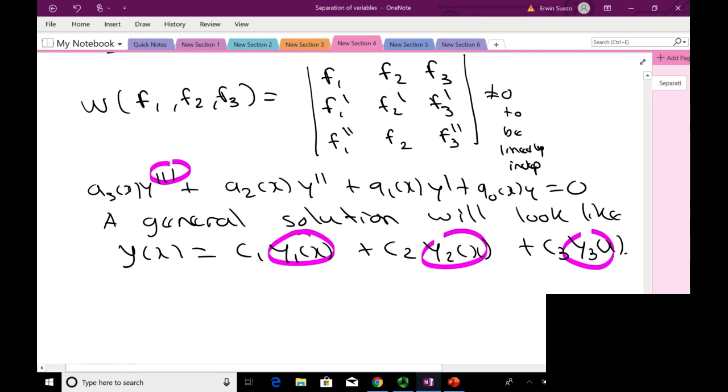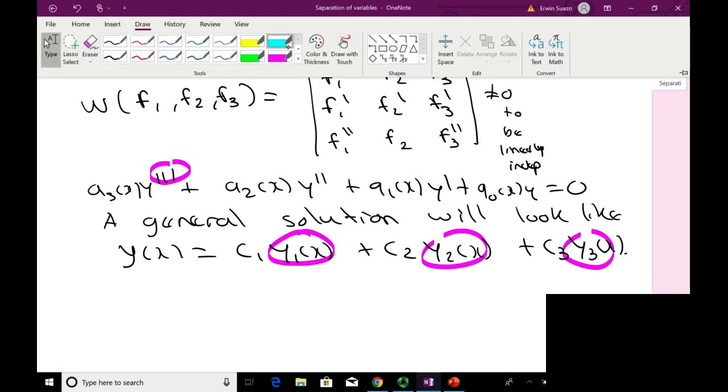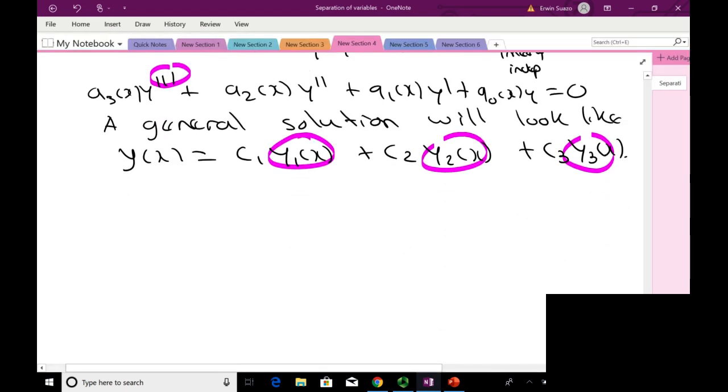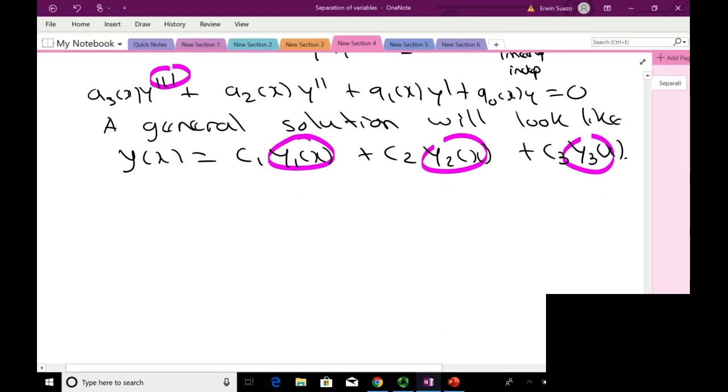Now, suppose you find one solution and you want to find a second one that is linearly independent. This corresponds to a new section, so we're going to do a new formula here.